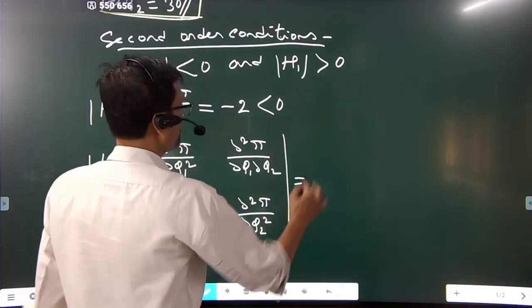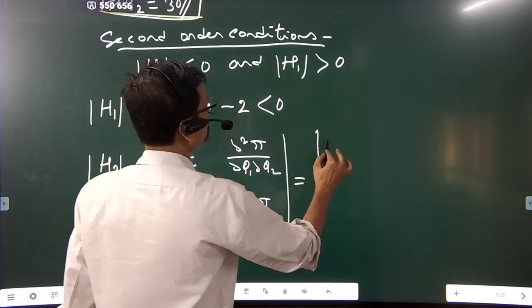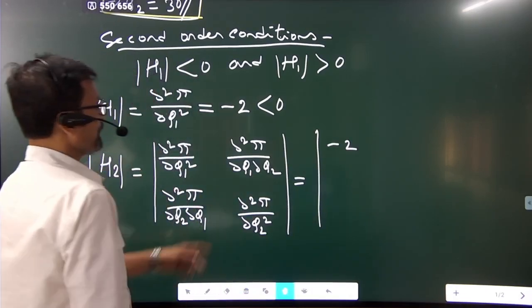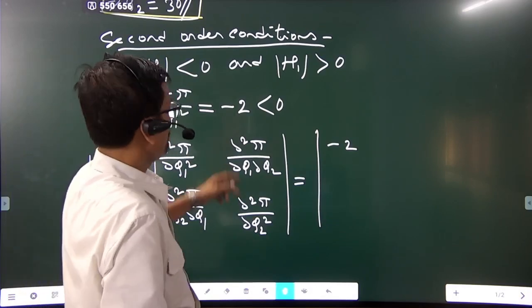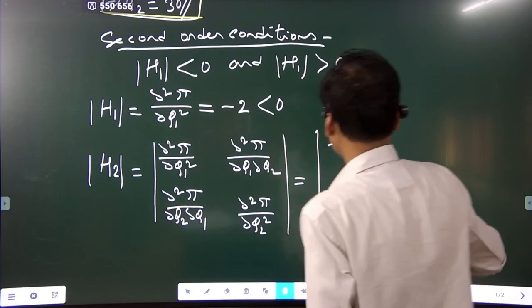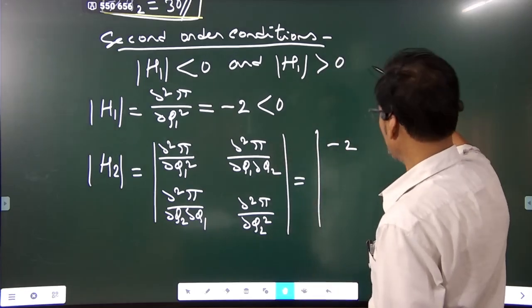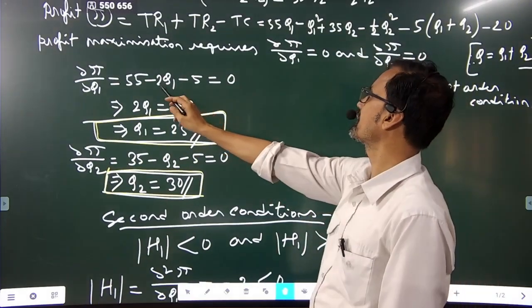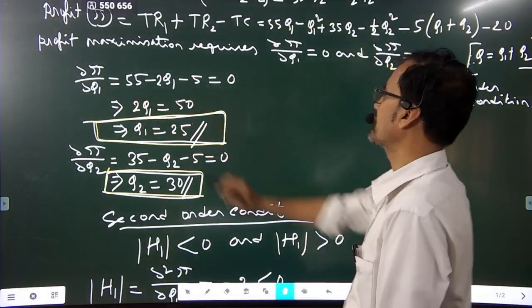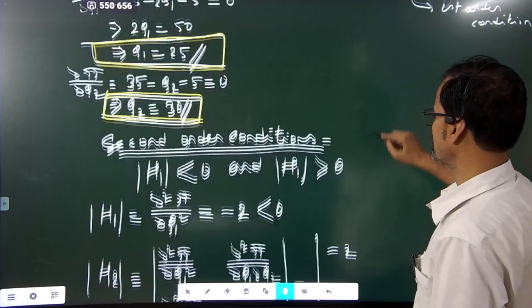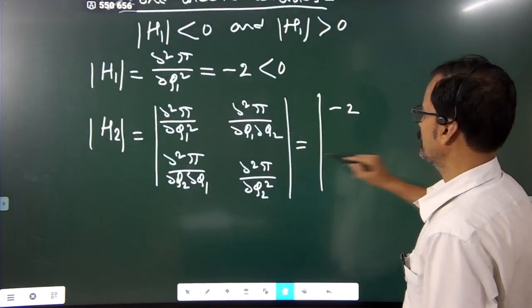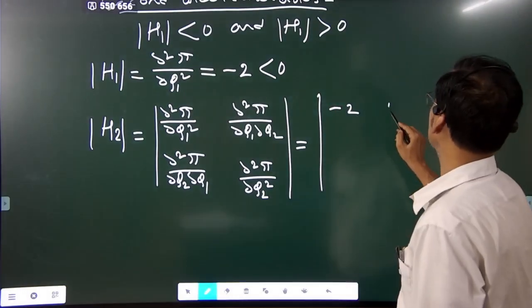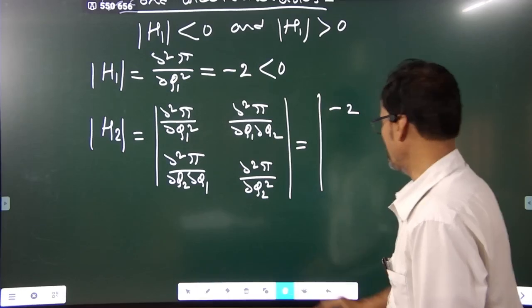Here already we found the value -2. Now if we differentiate this again with respect to q2, nothing, we will get 0. The value will be 0 here.